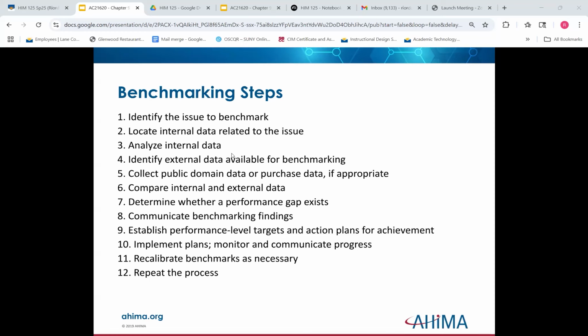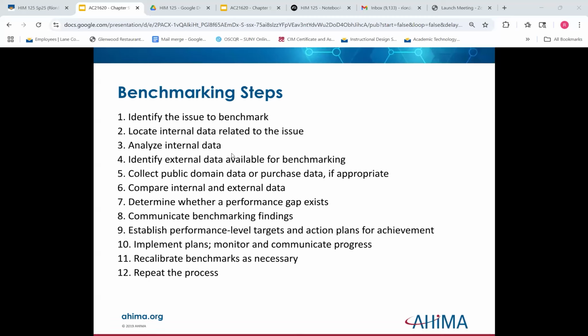And after we look at the data internally, we need to look at external data if it's available for benchmarking. And to do that, we collect public domain data or claims data if it's applicable. And then we do a comparison. Hopefully we don't have a performance gap, but every once in a while we do have one where the external organizations are doing better than we are in some way.